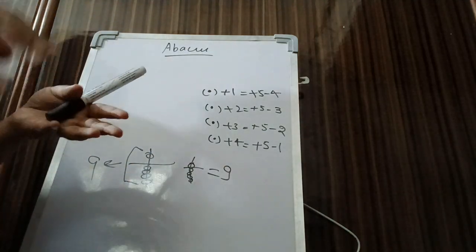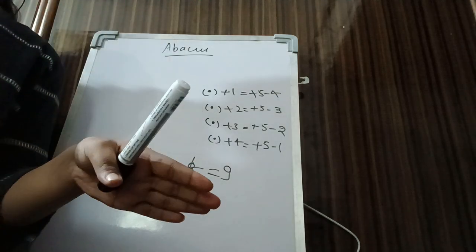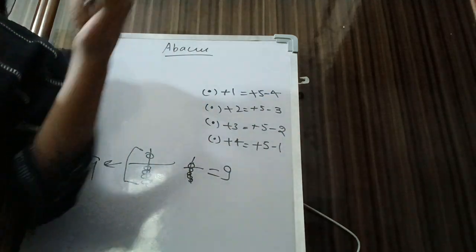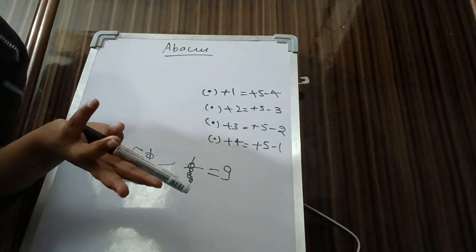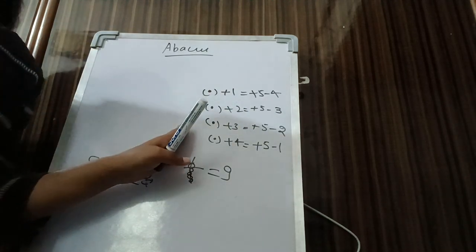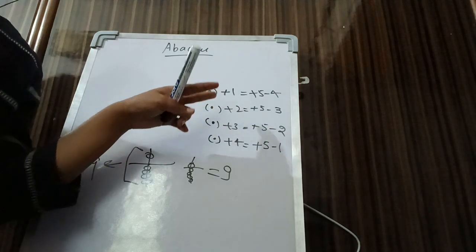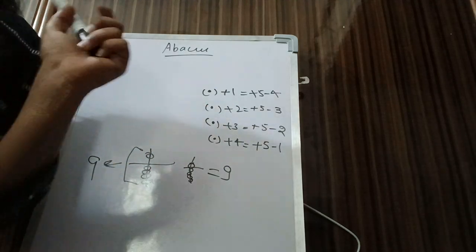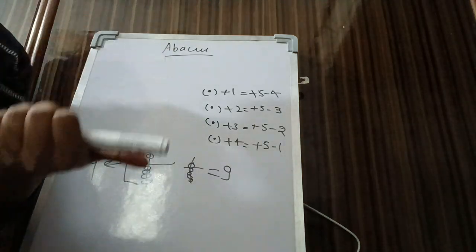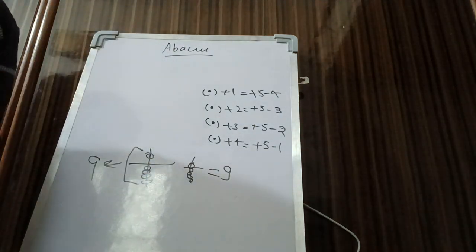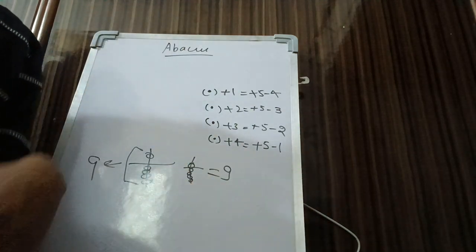Now we will learn about the 2 digit also, which is really easy, and which is also used in all the complex things like 2 digit addition. Now this was the addition part, plus 1, plus 2, plus 3, plus 4. Now we see the subtraction part. That is also important, because if you know addition, you should also know subtraction, right? Then we'll move on to multiplication, then division.